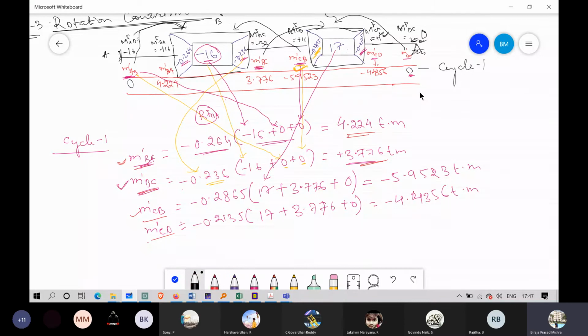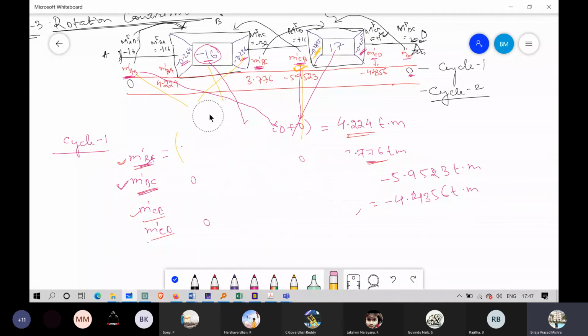Next we will have cycle 2. Till when do we need to go? We make cycles till these values repeat. Now I'm erasing cycle 1 from here.